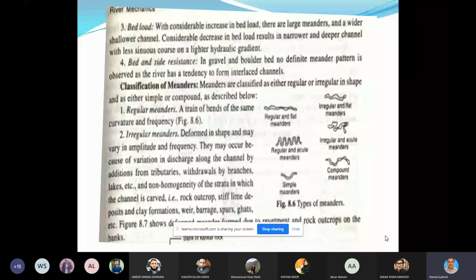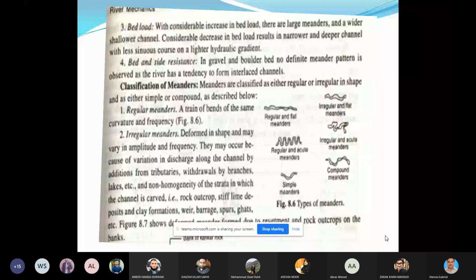When the bed load decreases, it results in a narrower and deeper channel with less sinuous course on a lighter hydraulic gradient.